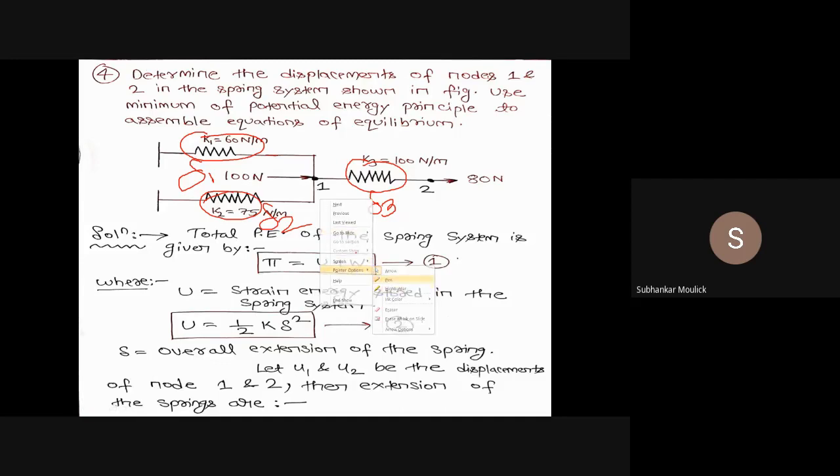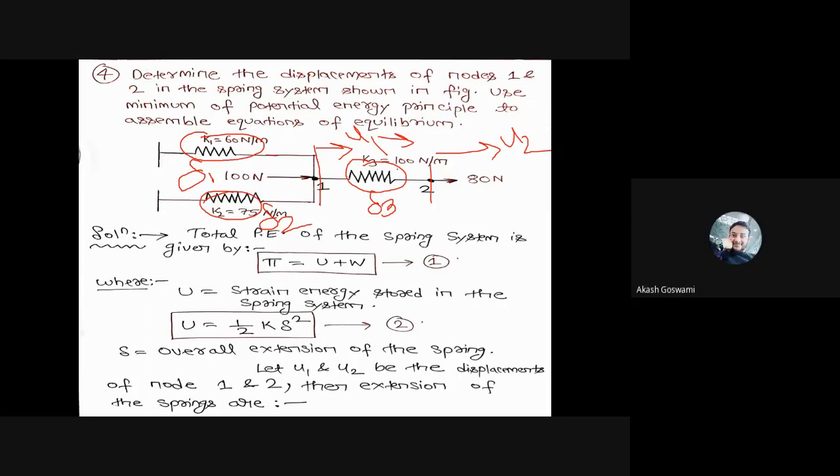Assume that at this nodal point the deflection is u1, and at this second nodal point the deflection is u2. Then the first element can deflect by an amount u1 along this direction, yes or no?